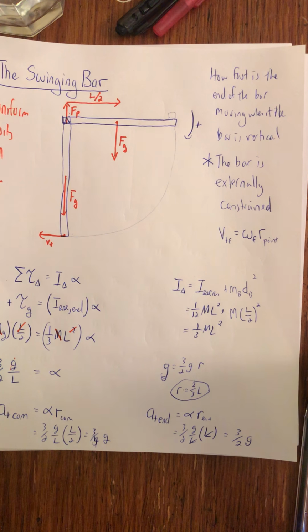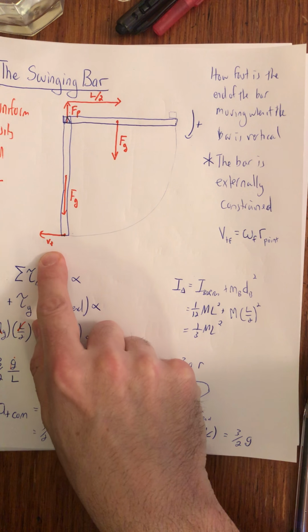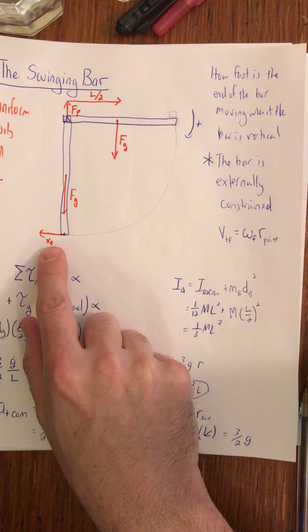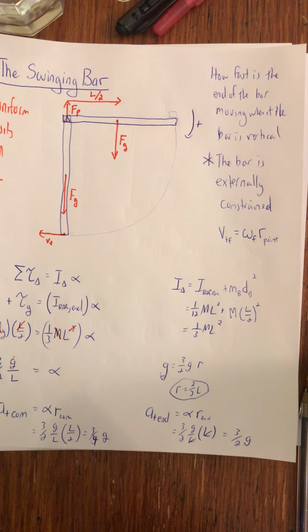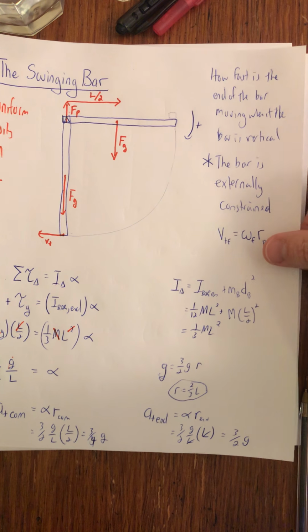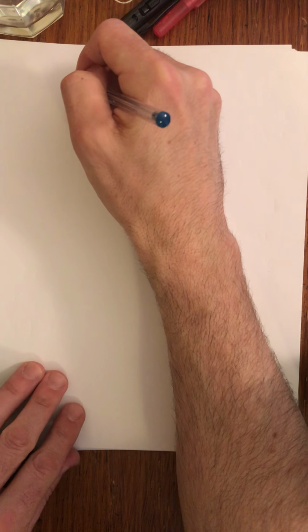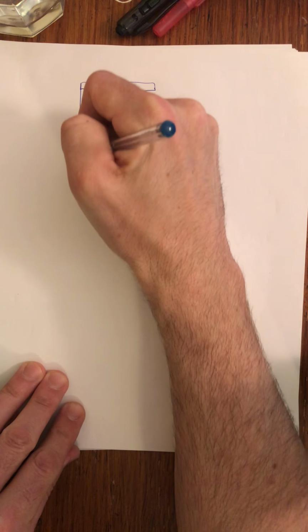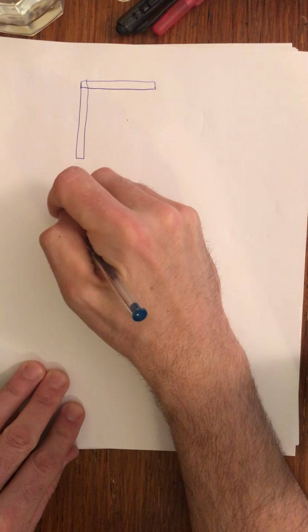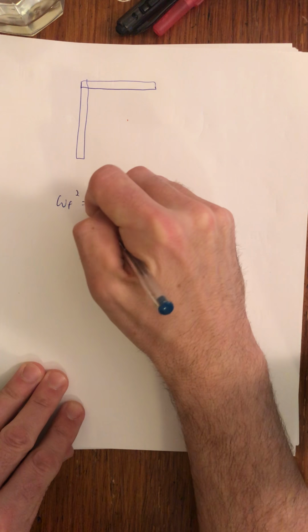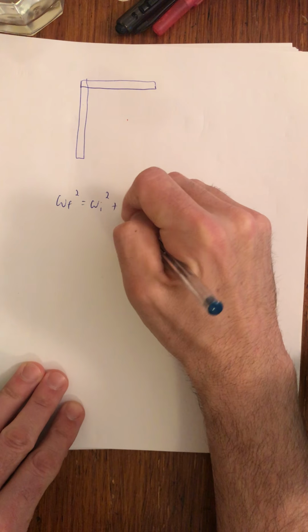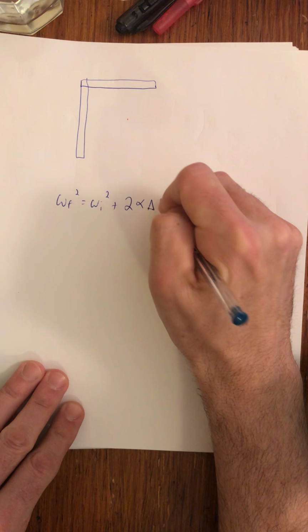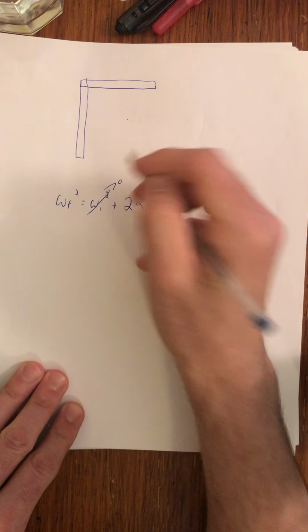Now, let's say I want to know how fast this is going. Well, there's a huge temptation: okay, well, I'll just use rotational kinematics, right? Because I have that object that's swinging from here and going to here. Okay, well, omega final squared is equal to omega initial squared plus 2 alpha delta theta. Let's say it starts at rest.